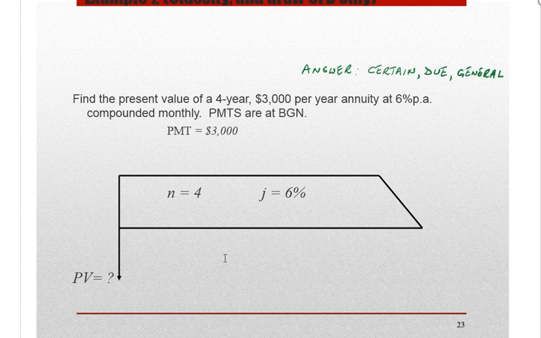And a diagram for that would be something like this. So we're looking for this present value. We're receiving at the beginning of every payment interval $3,000, and the interest rate is 6% compounded monthly, but number of payments per year is 1, so that's a general and due.